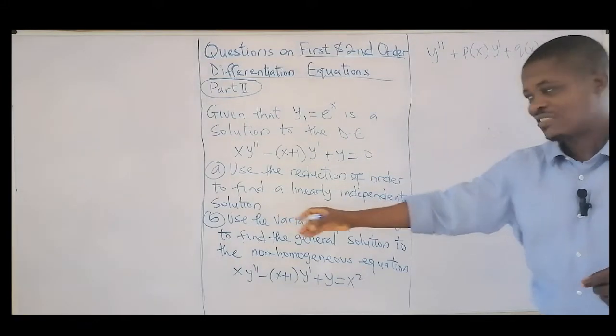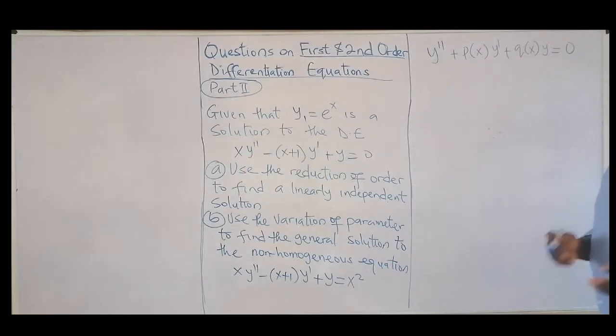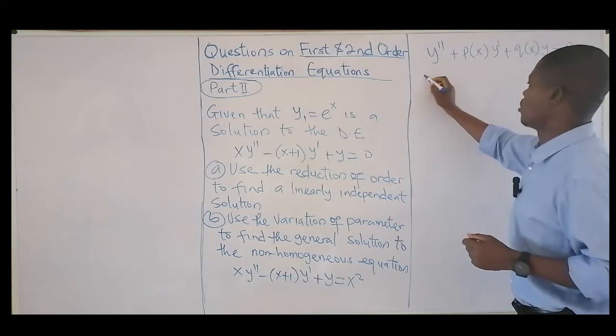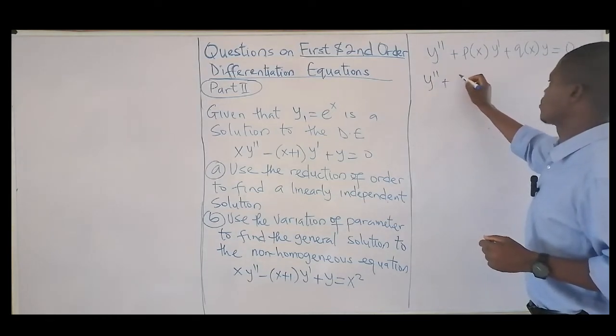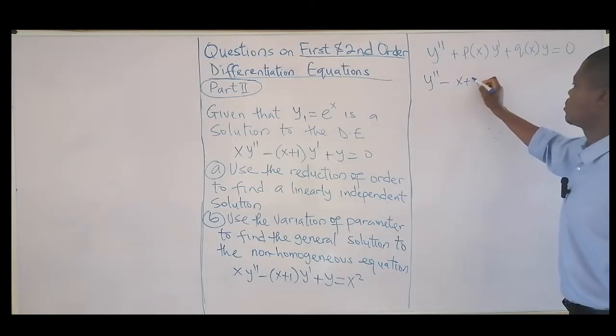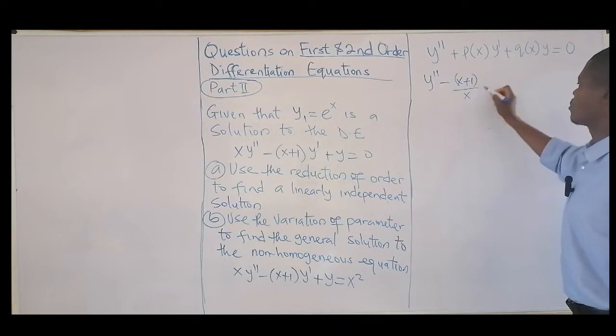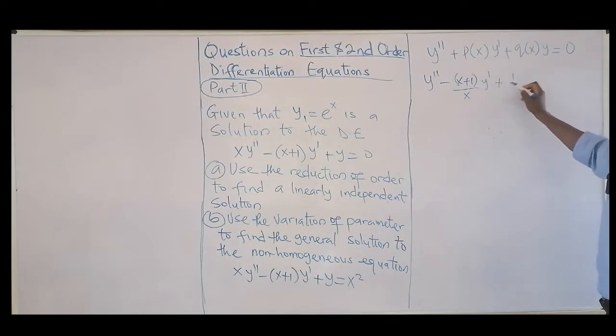And how do we force that? We're going to remove the coefficient attached to the second derivative. That means we're going to divide all through by x. And that will become the second derivative plus negative x plus 1 over x times the first derivative, plus 1 over x times y equals 0.